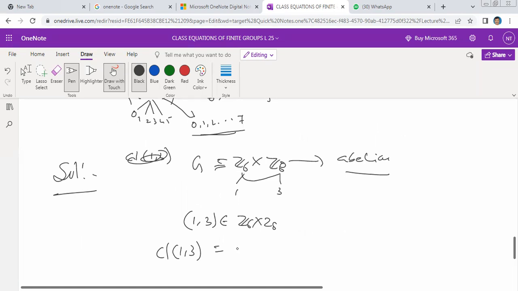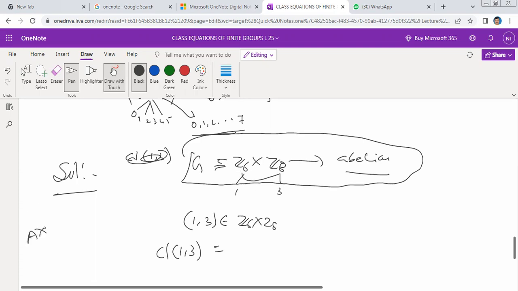Anybody? No. G is equal to Z6 cross Z8, an abelian group. A cross B is the set of ordered pairs (a, b) such that a belongs to A and b belongs to B. So this is a group.